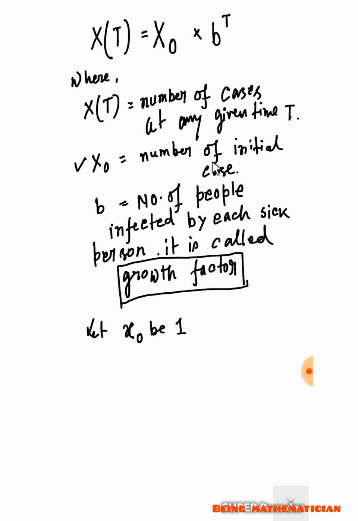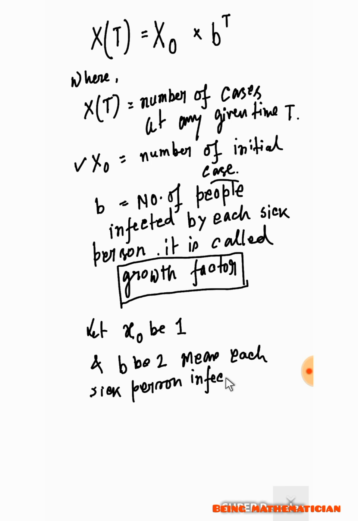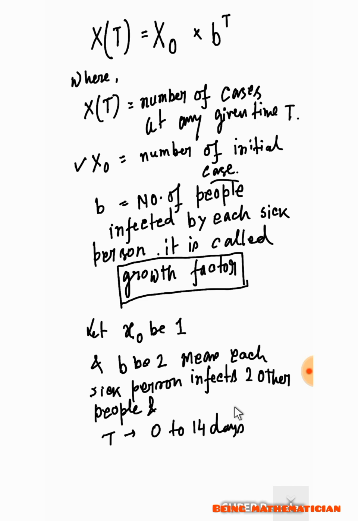The number of initial cases is 1 and b is 2, which means each sick person infects 2 other people, and we have to calculate the time from 0 to 14 days. So let's see the data.